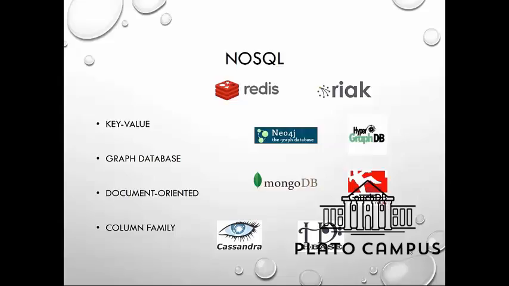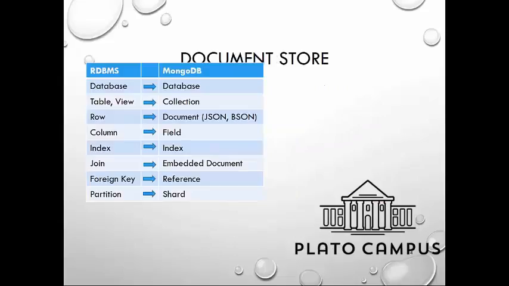Now we will see the comparison of RDBMS and MongoDB in terms of structure. First, the database. A database is a collection of tables in the RDBMS. Similarly, a database in MongoDB is a collection of a number of collections.